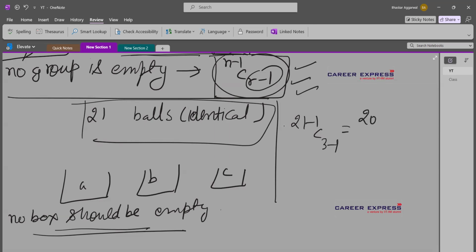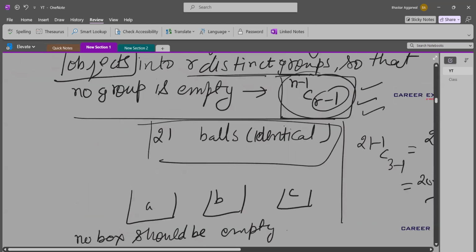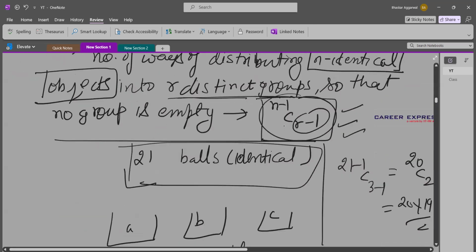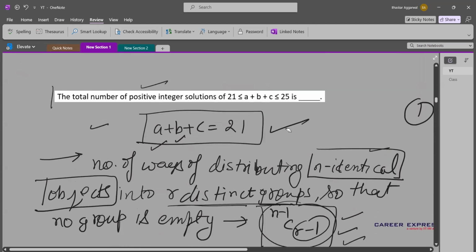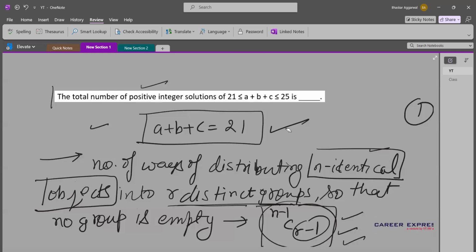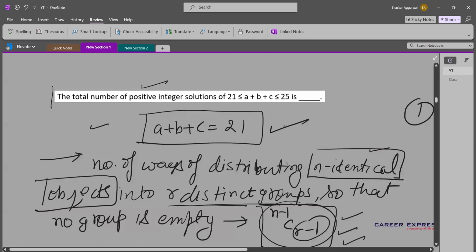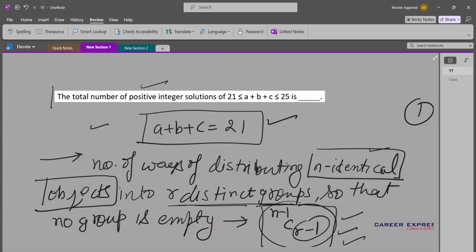So we can do this in 20C2 ways. 20C2 is 20 into 19 by 2, so that will be 190 ways. So there will be 190 different solutions so that A plus B plus C is 21, where none of them is 0.